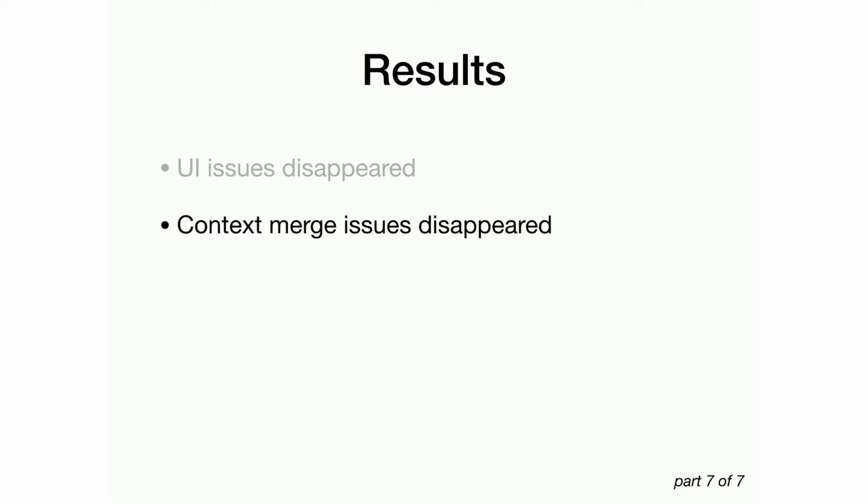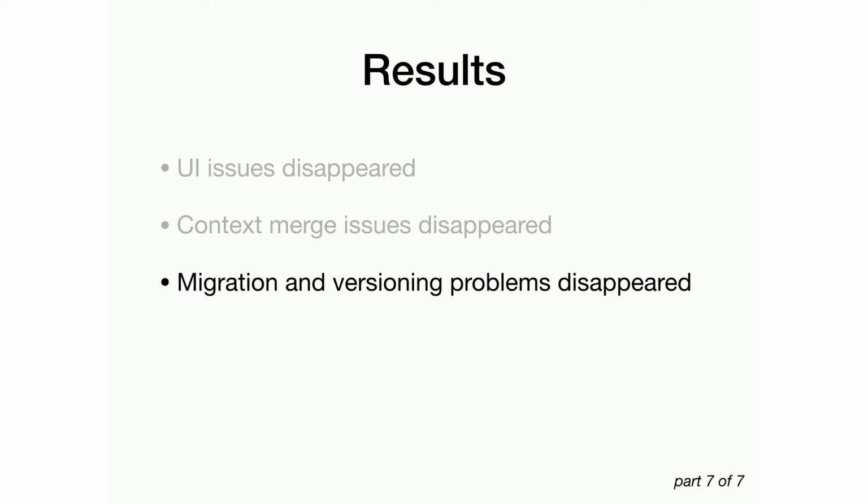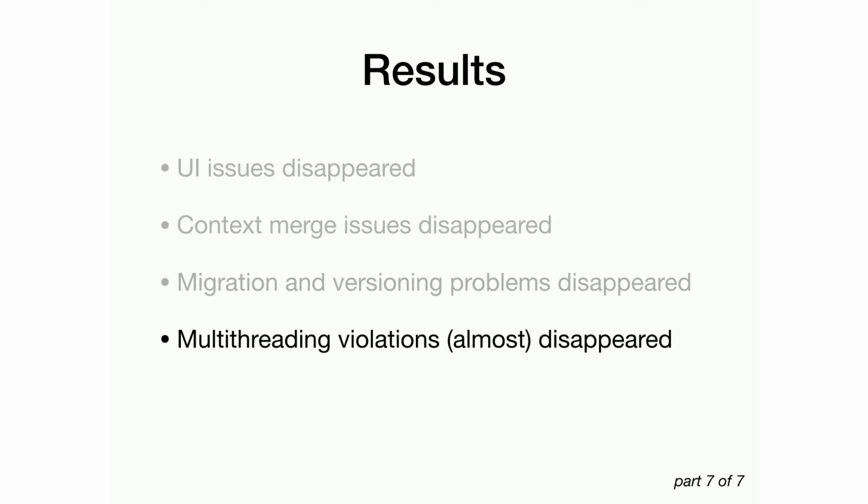So I cannot say that we are done with these changes. We're still on our way, but the results are really fascinating for us. We eliminated a lot of problems altogether. Multi-threading violations are still there because we still have some pieces of the code which we just haven't come across.